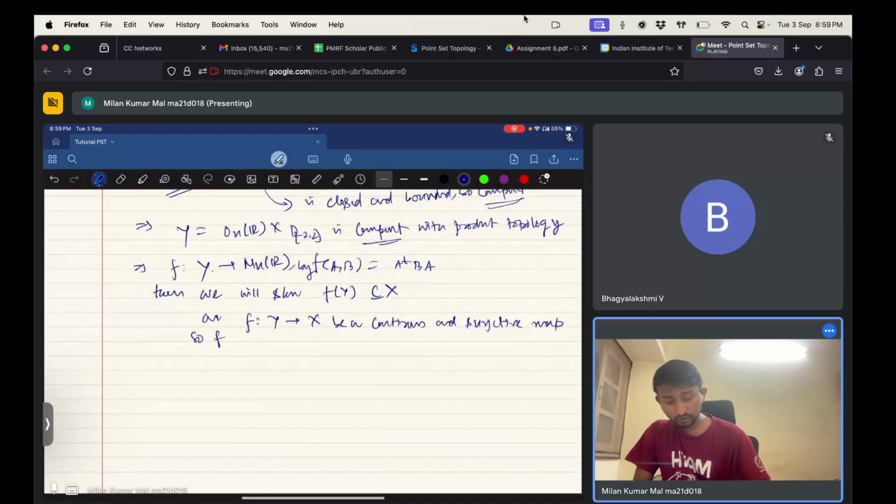So f should map a compact set to a compact set.